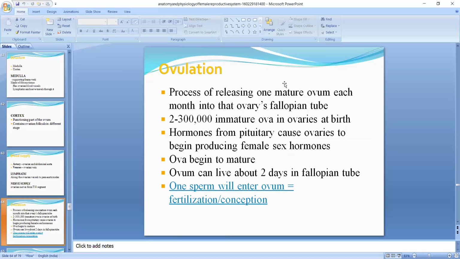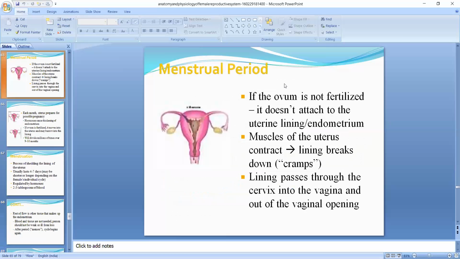The hormones from the pituitary, FSH and LH, cause the ovaries to begin producing female sex hormones. Under the influence of the follicle stimulating hormone and LH, the follicle is started and there is production of estrogen and progesterone. If one sperm enters the ovum, fertilization occurs.